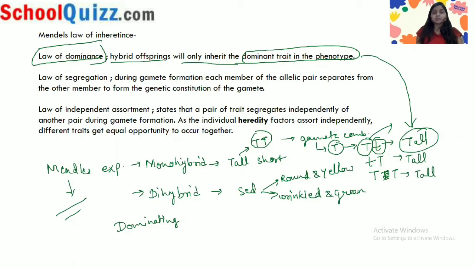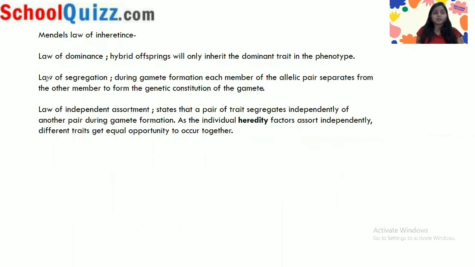Now let's see the law of segregation. What is the law of segregation? During gamete formation, each member of the alike pair separates from the other member to form the genetic constitution of the gamete.